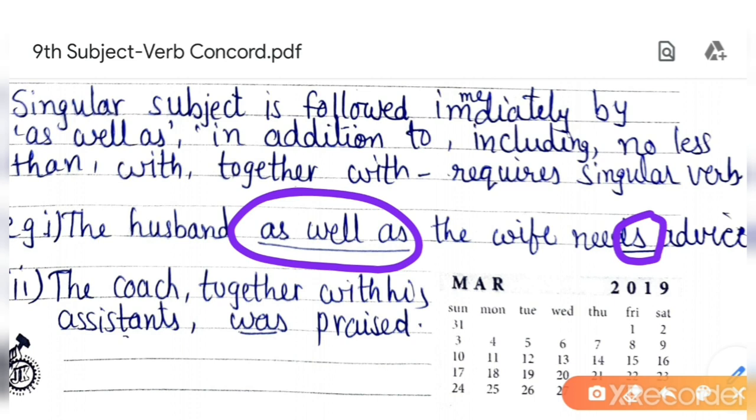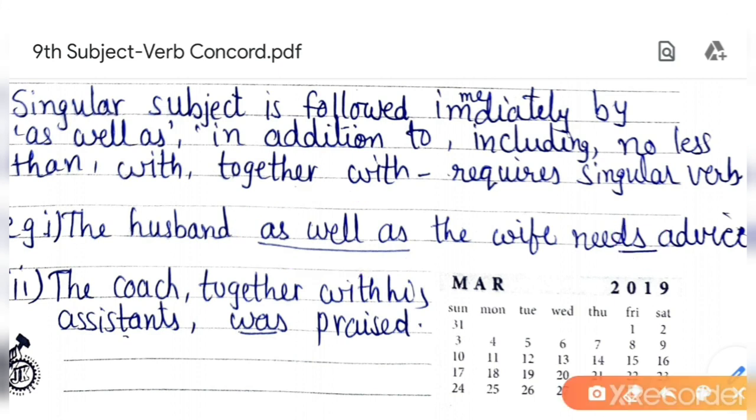Don't think that two subjects are given so we will use need. No, it's wrong. Here two different singular subjects are followed by the phrase as well as, so singular verb will be used. Understood?